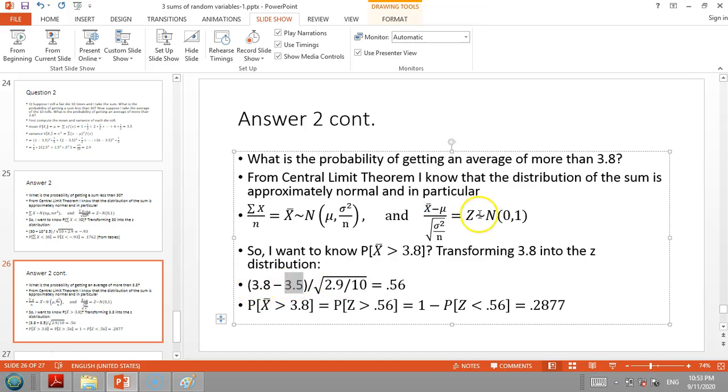And again, the mu is 3.5. And this is 2.9 divided by 10. I just put in the numbers. And so this should be 0.56. Okay? So what is the probability that z is greater than 0.56? It is 1 minus the probability that z is less than 0.56, which is 0.2877 from the table.